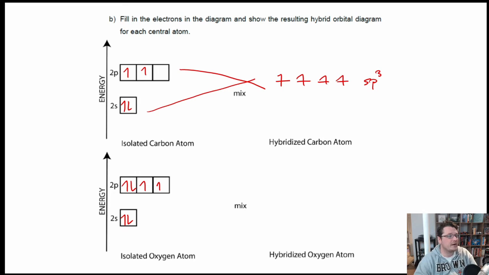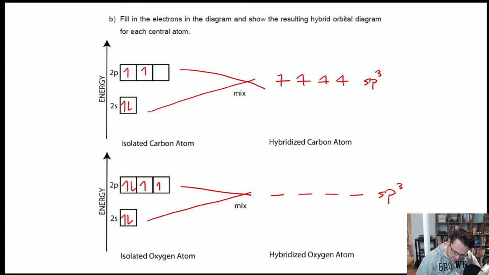Same thing with oxygen. Again, we know it's going to be sp3 hybridized, so we're going to get all of these mixing together to form 1, 2, 3, 4 sp3 hybrid orbitals. But now we're going to have a total of 1, 2, 3, 4, 5, 6 electrons in this case. And that matches pretty closely with what we saw in the Lewis structure in terms of overall bonding and geometry.